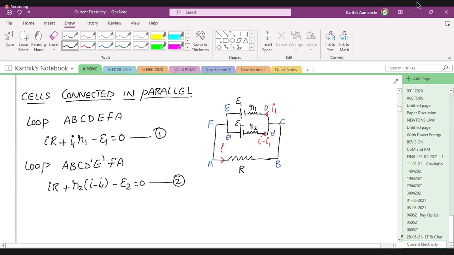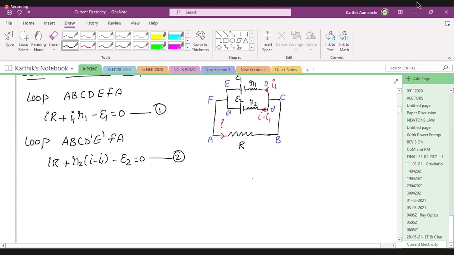You have to get it in the form epsilon effective is equal to I into R effective from these two.